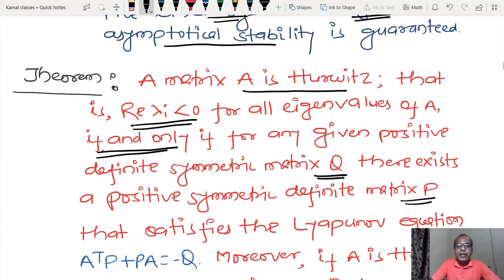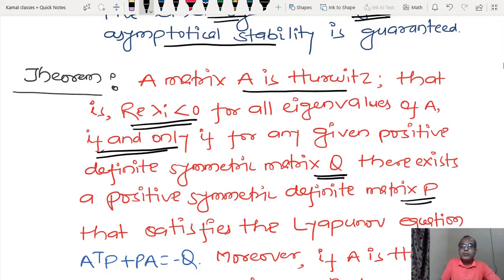Another way, if A is Hurwitz and I select some positive definite matrix Q, then I can guarantee that P is also positive symmetric definite. Due to that reason, this condition is if and only if.